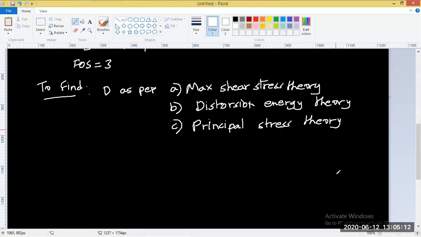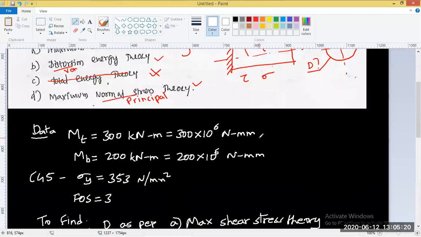According to these three theories of failure, we need to find the diameter D of this rod.